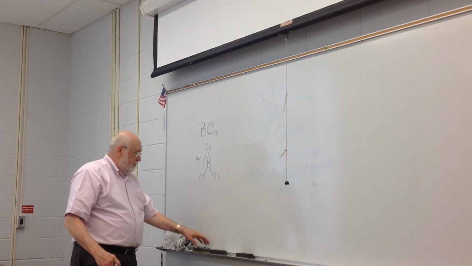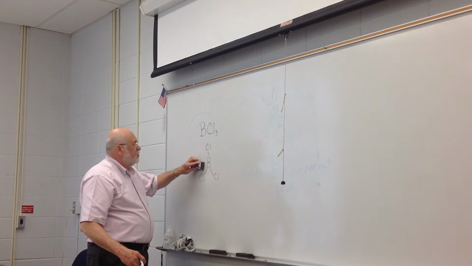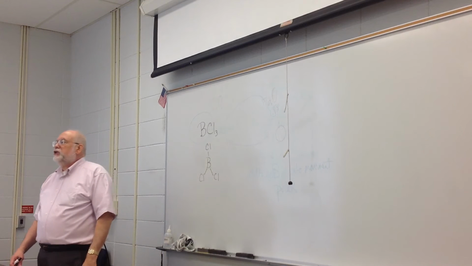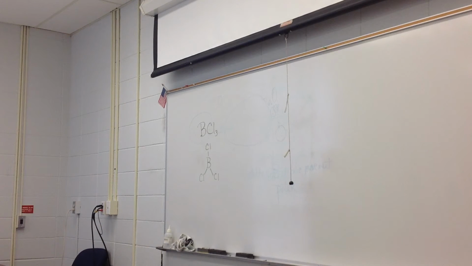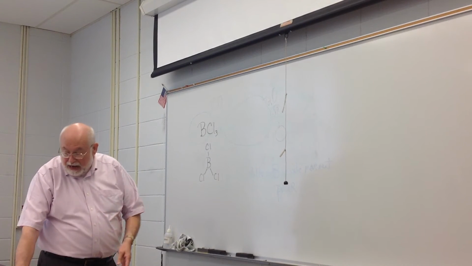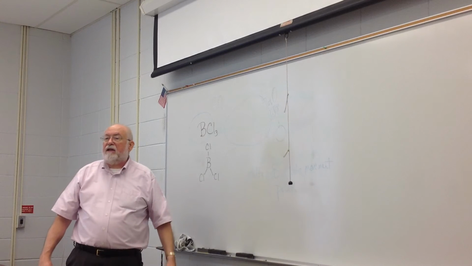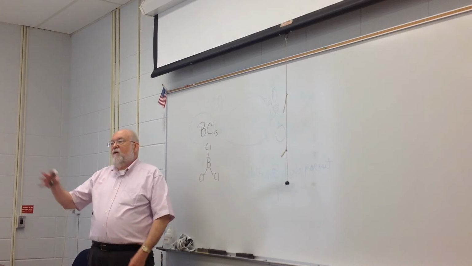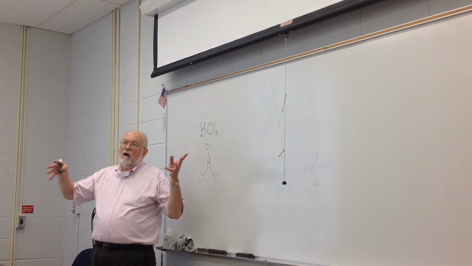Now, if we consider that trigonal planar shape, which element is likely to have the higher electronegativity? The chlorine is, right. Where do you find chlorine on your periodic table? All the way to the right, all the way over in group 7, and where's boron?